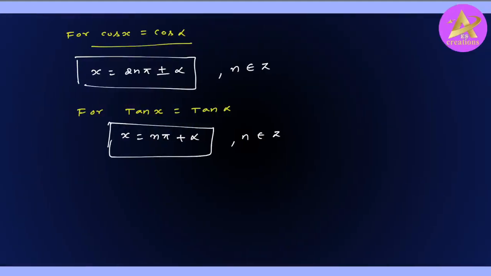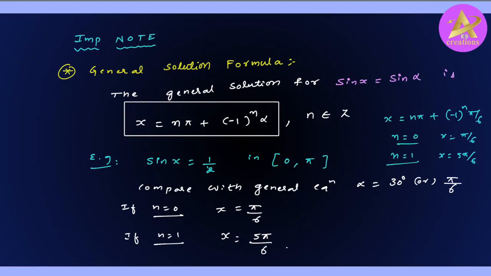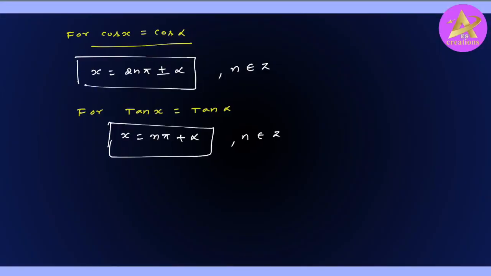Next, come to cos. Whenever cos is given, it is the same as this: take x as 2n pi plus or minus alpha, where n is any integer. If tan is given, then n pi plus alpha, where n belongs to any integer. Here for cos, it is 2n pi plus or minus alpha.